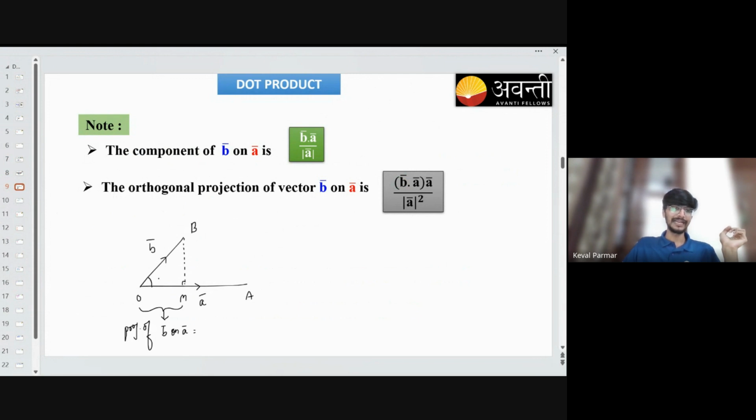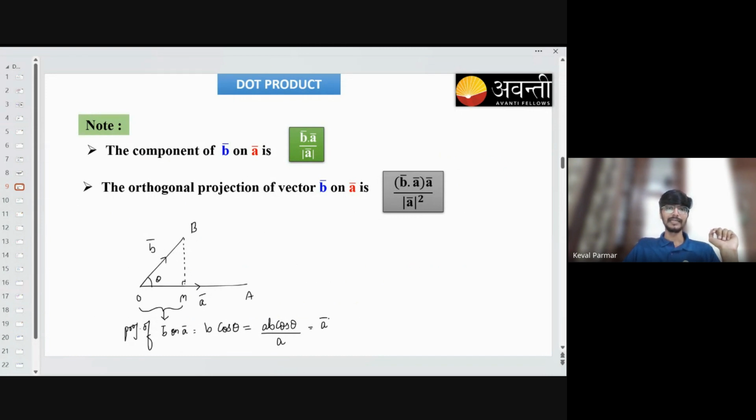What is this? If the angle is theta, तो हम लोग horizontal component हुआ ना ये in terms of physics. We can write it as B cos theta. Now, how to convert it into a dot product? I'll multiply and divide by A. So I'll get AB cos theta upon A. What is AB cos theta?